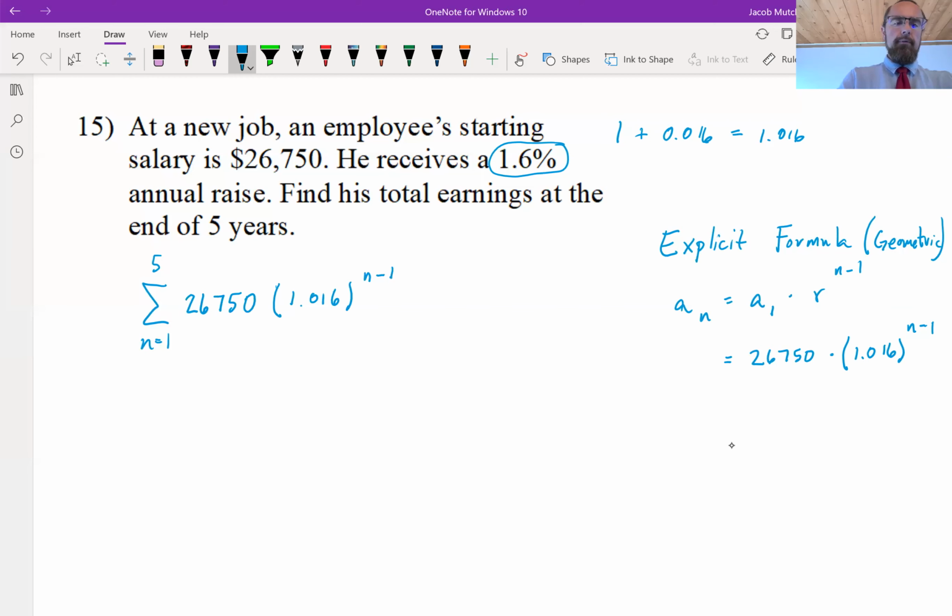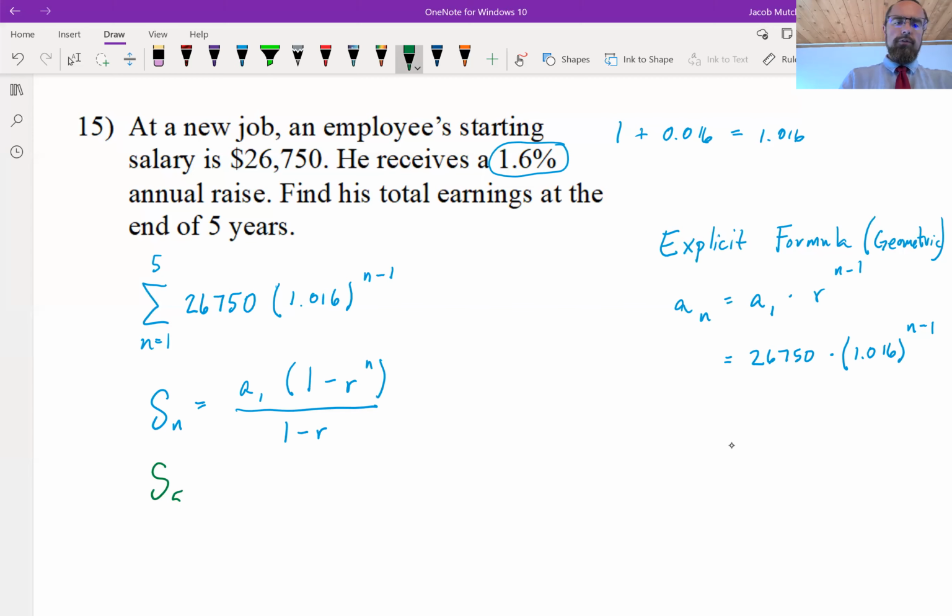So the formula to evaluate there is, again, S sub n equals a sub 1 times 1 minus the common ratio to the power of n over 1 minus r. So for us, the way we're going to set this up, it's going to be S sub 5.